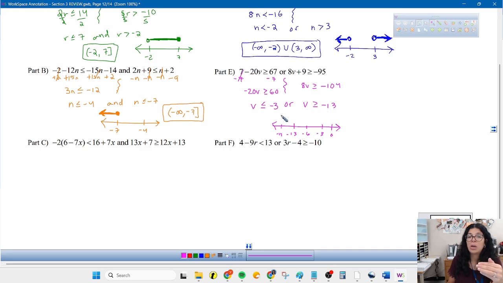So this is actually all real numbers. I would shade the entire number line because every single number would either be less than or equal to -3 or greater than or equal to -13. So this is all real numbers, which in interval notation would be -∞ to +∞.